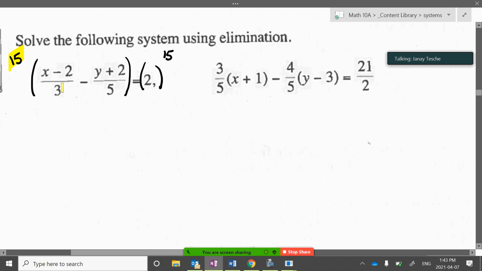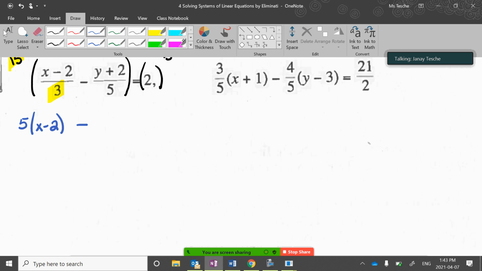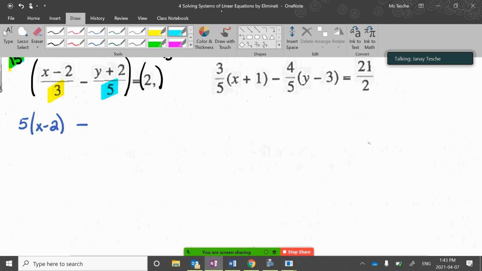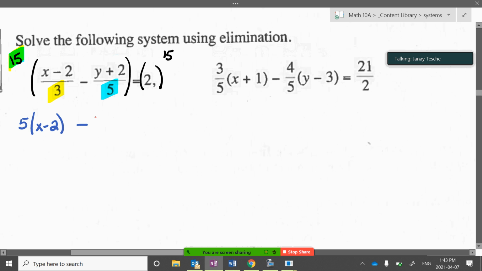What is 15 divided by 3? 5. So then this is leaving me with 5 and the x minus 2. Minus sign, I'm going to rewrite so that way I don't forget that I'm subtracting. Now, what is 15 divided by 5? 3. So this second part is now going to become 3 times y plus 2.